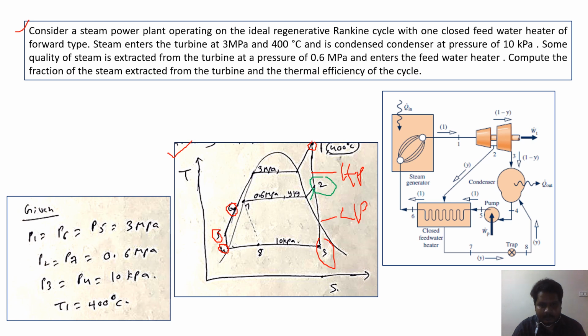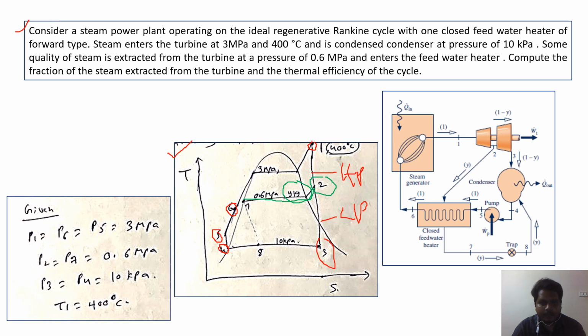So that is y kg, which will flow over the closed feed water heater. Here it is a closed feed water heater, so there will be no direct contact between the extracted steam and the condensate. This we already discussed in previous classes.